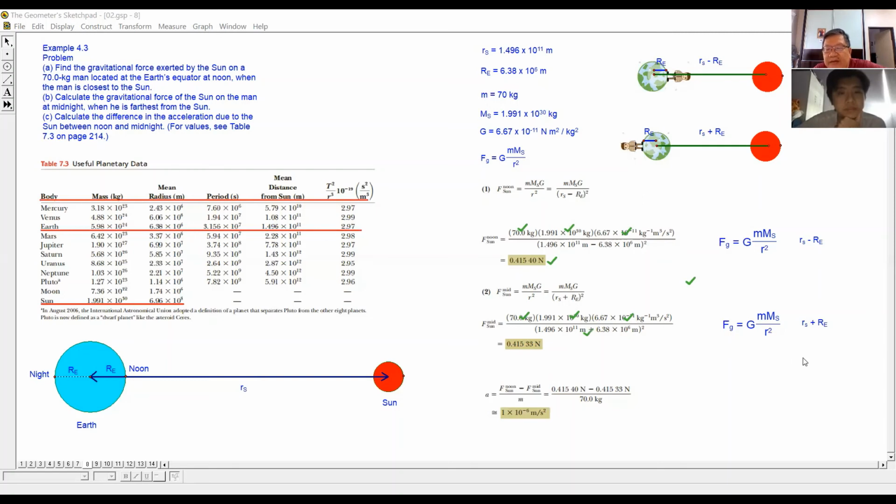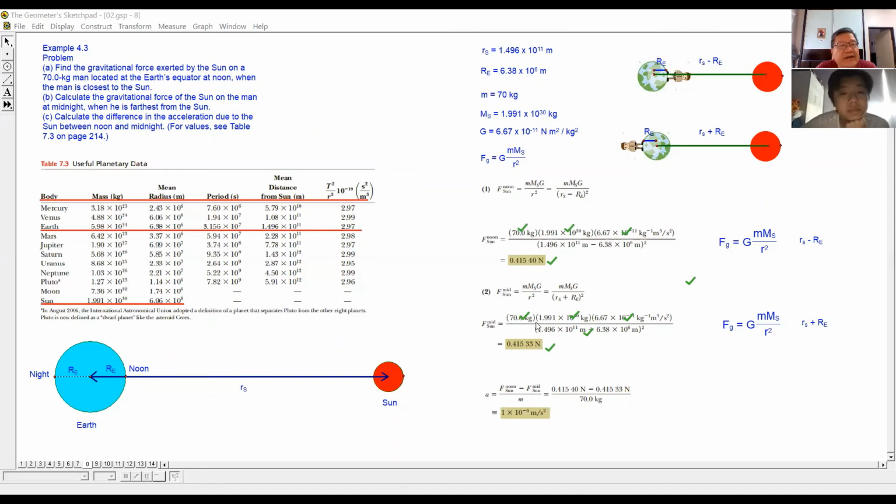So using the calculator, you calculate, not much difference. 0.415. The other one is 40, this one is 33. So a difference of 0.001, less than 0.01 Newton. Okay, not much difference.